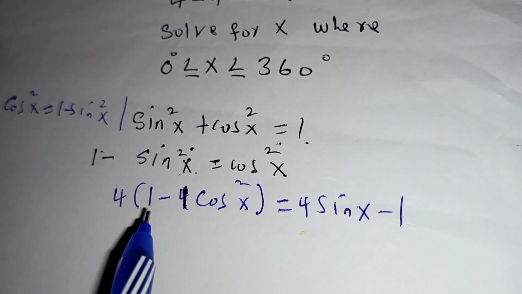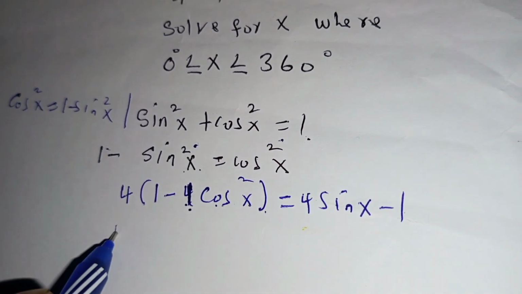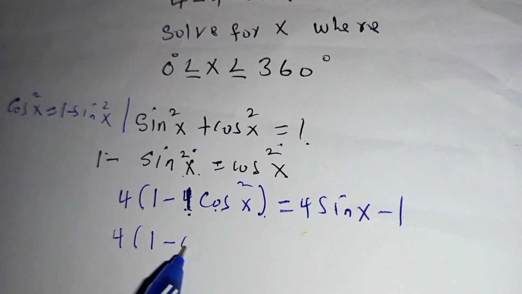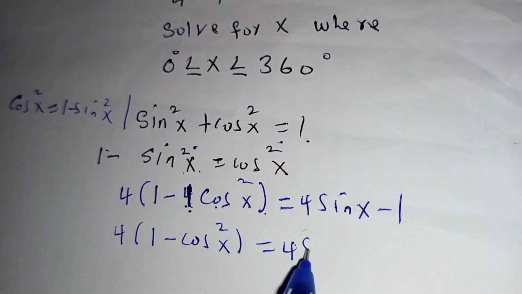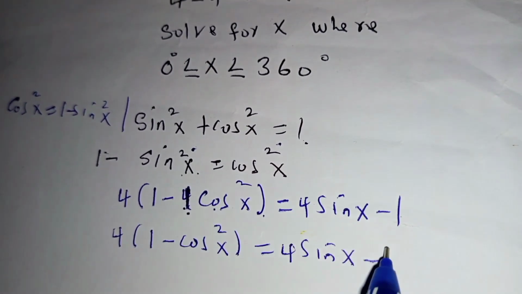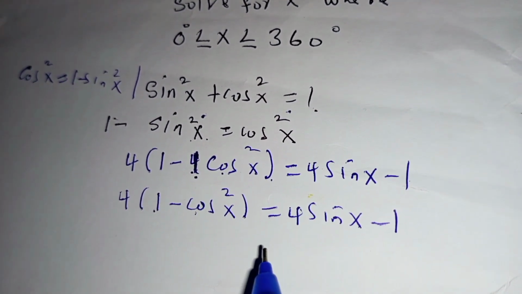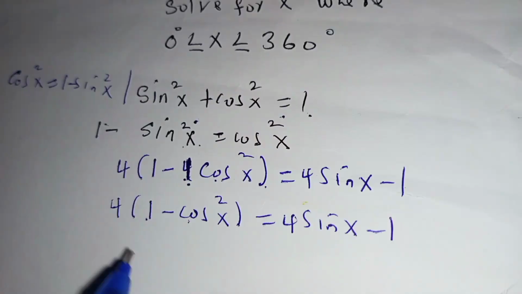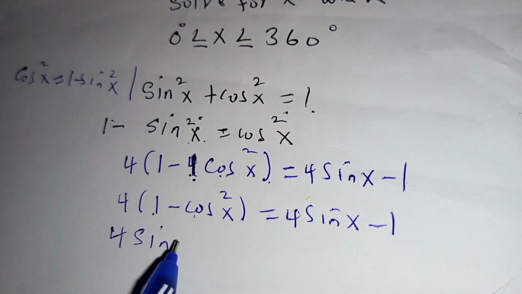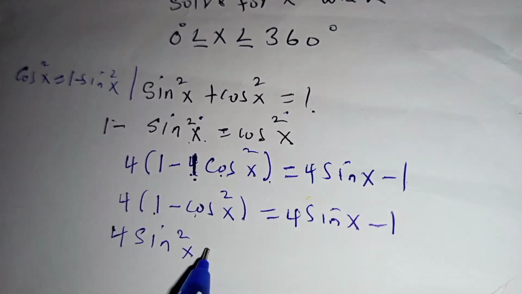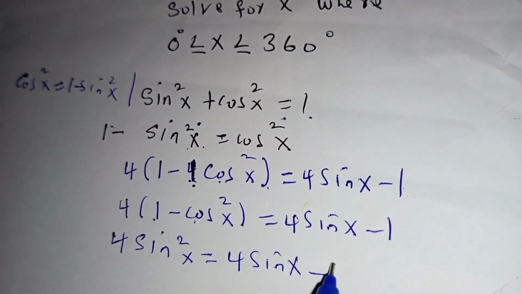So instead of 1 minus 1 cos squared of x, which is the same as 1 minus cos squared of x, this one being equal to 4 sin x minus 1, here we are going to substitute 1 minus cos squared of x with sin squared of x. So we shall have 4 multiplied by sin squared of x being equal to 4 sin x minus 1.